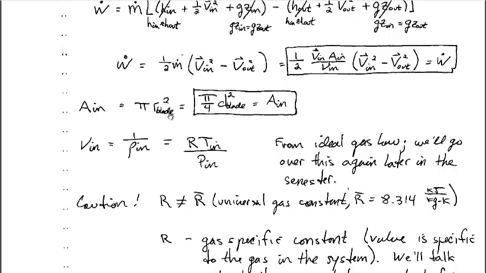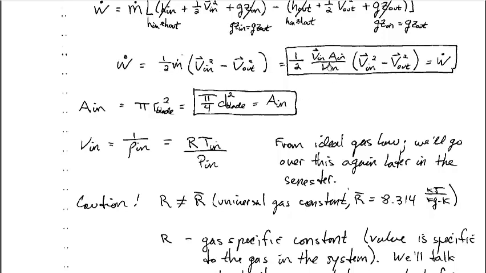Well, we were provided with the diameter of the blades, so we can make the substitution where diameter is 2 times r, and so when we do that, we get that the inlet area is pi over 4 times the diameter of the blades squared. Okay, no problems there.